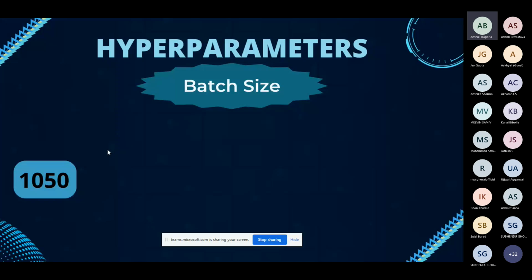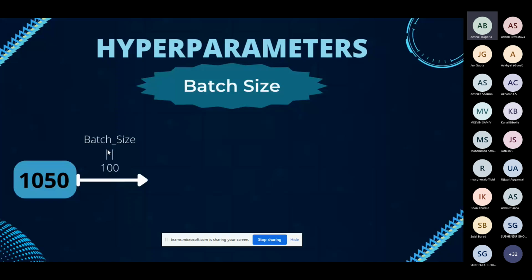Next, we come to the batch size. Batch size means the number of samples that you're processing before you're updating the weights. Let's say you take 1050 samples and you want to set a batch size equal to 100. The algorithm will take the first 100 samples from the training data set and train the network. Then it will take the next 100 samples and train the network.